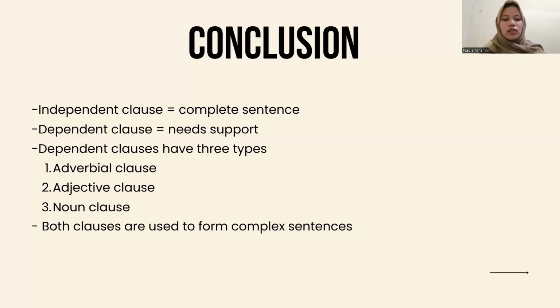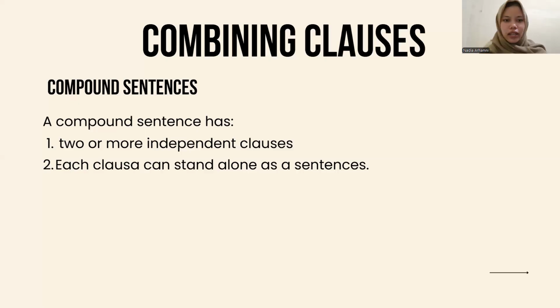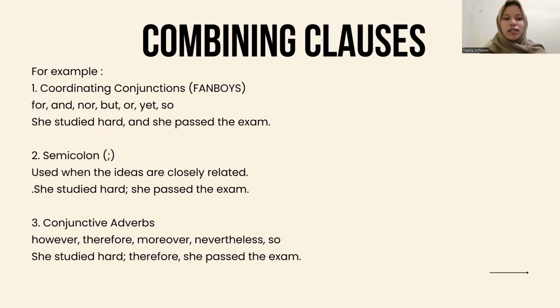Both clauses are used to form a complex sentence, but a compound sentence has two or more independent clauses, and there are three connectors: coordinating conjunction, and then semicolon, and last, conjunctive adverb.